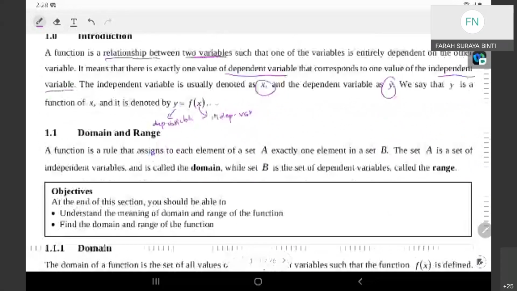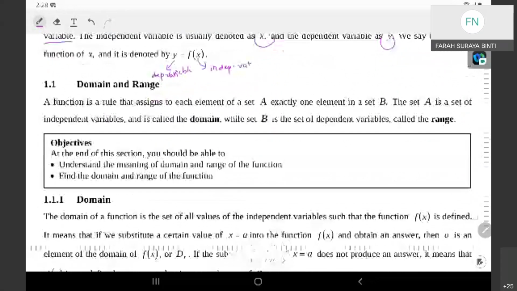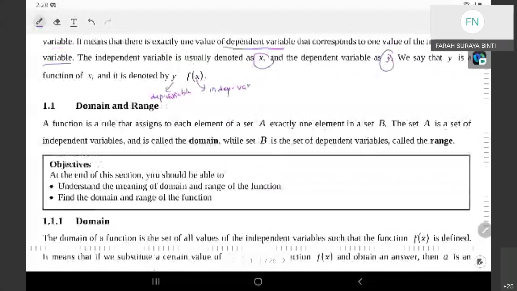And then domain and range. A function is a rule that assigns to each element of set A exactly one element in set B. Okay, let's say we have two sets. Here is set A and here is set B. So in set A, you have elements such as 1, 2, 3, and then in set B, for example, we have 2, 3, 4, and 5.